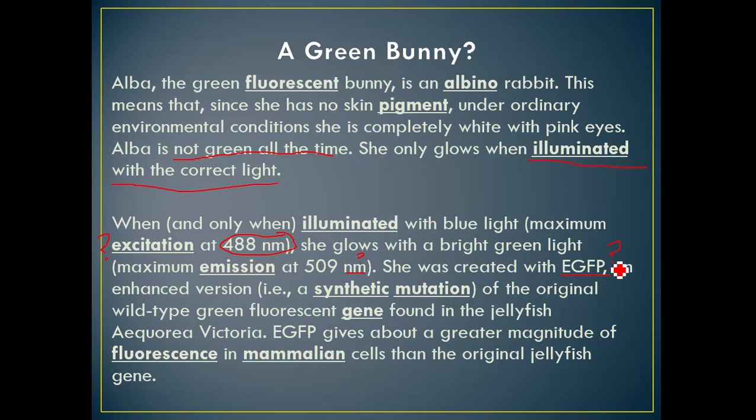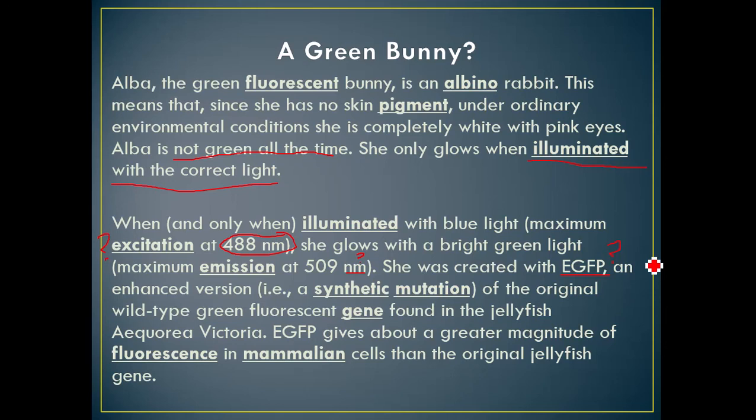EGFP gives about a greater magnitude of fluorescence in mammalian cells than the original jellyfish gene. Okay, so my understanding of this, even though I don't understand every single word or concept here because they don't explain what EGFP stands for, those exact words.